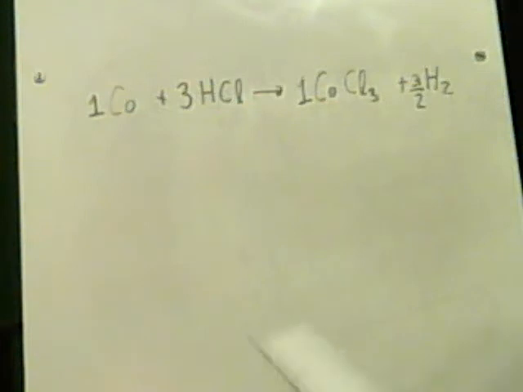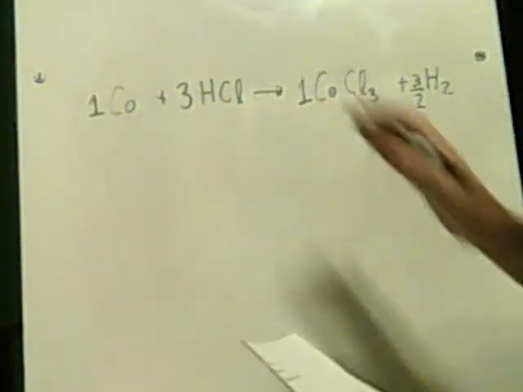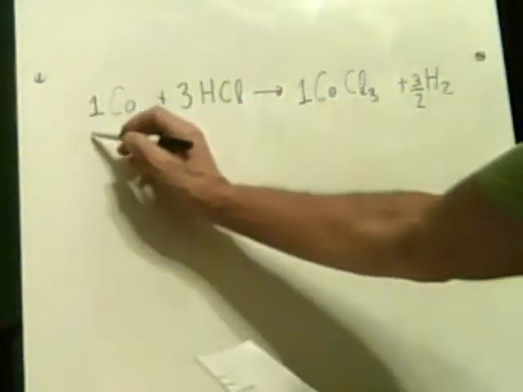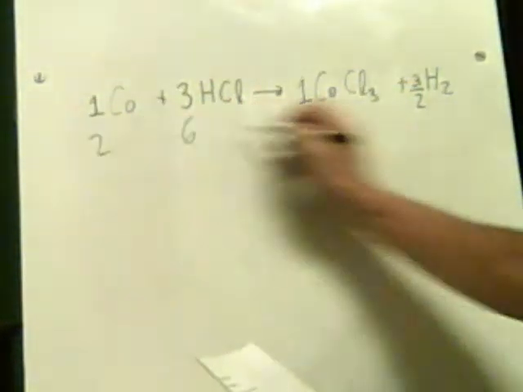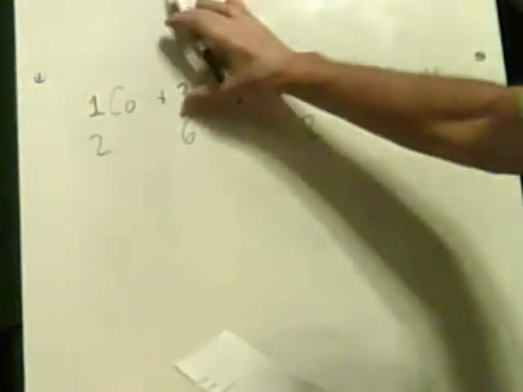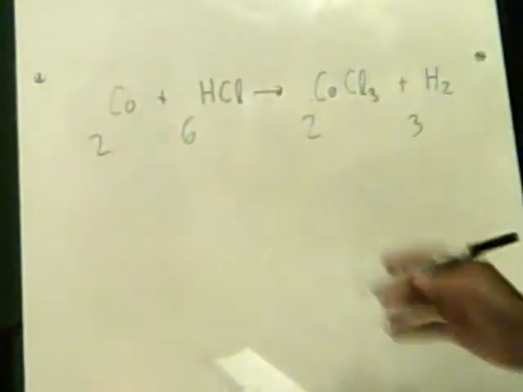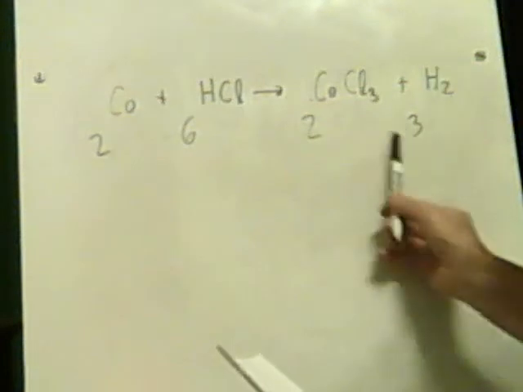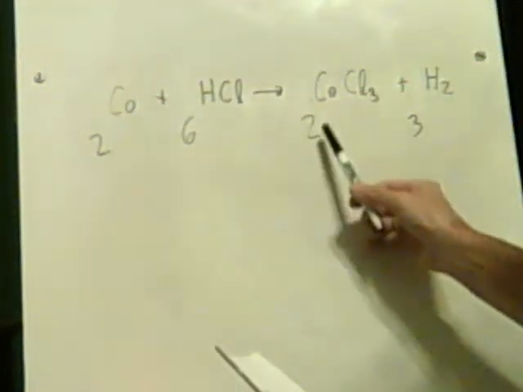Okay? And then it's balanced. We've balanced all 3 things. Now we're going to multiply by 2 to even everything out. 2, 6, 2, and 3. Everything is balanced. 2 cobalts, 6 hydrogens, 6 chlorines. Okay, it's balanced.